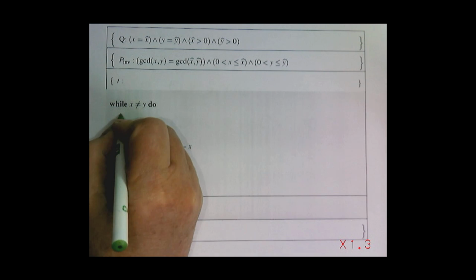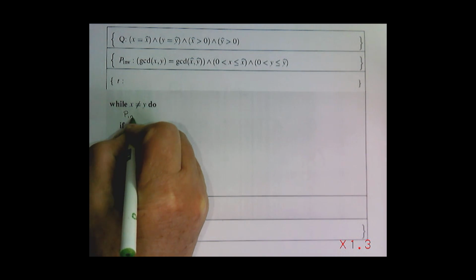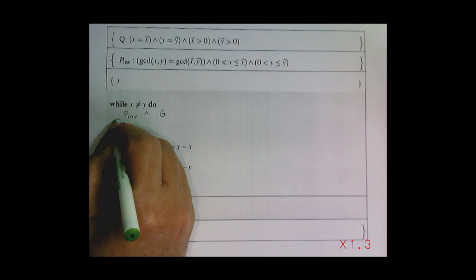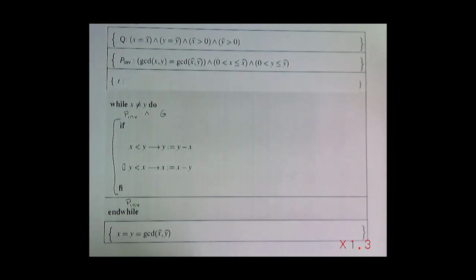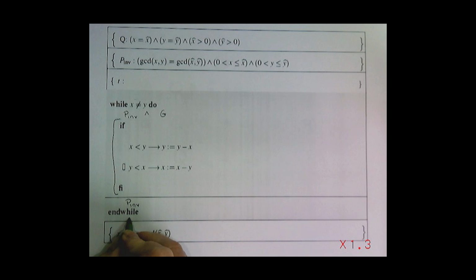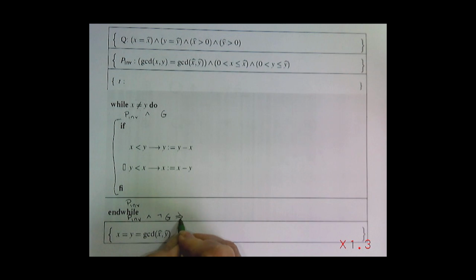If we do an iteration, which means at the top the invariant holds and the guard holds, then after we perform the command, we will end up in a state satisfying the invariant again. And when we exit the loop, which means that the guard does not hold, but still the invariant holds, that's supposed to imply the postcondition of the entire program segment.